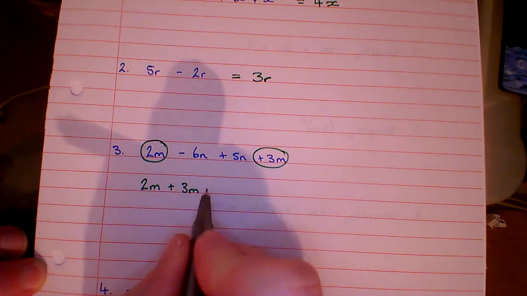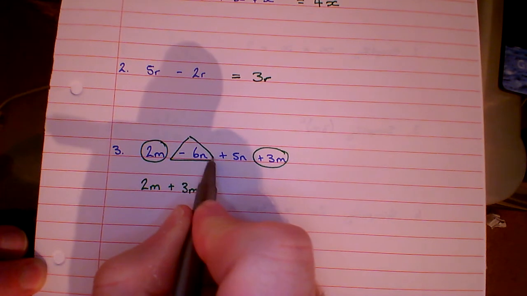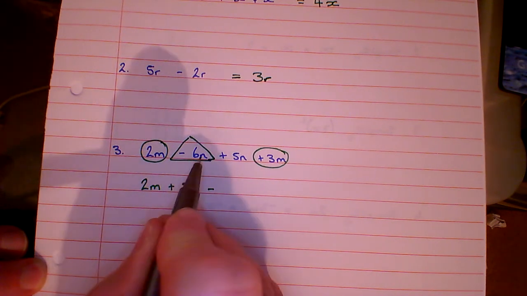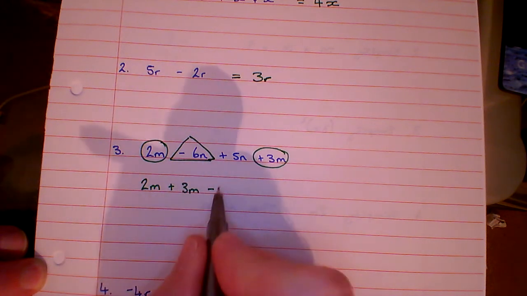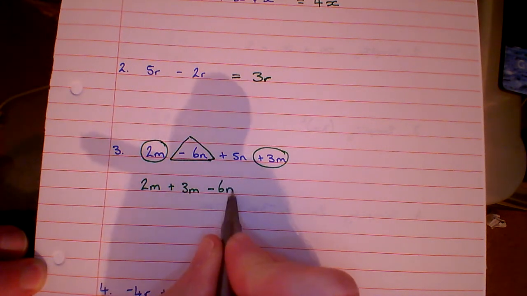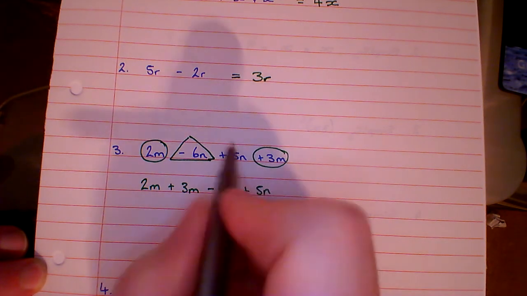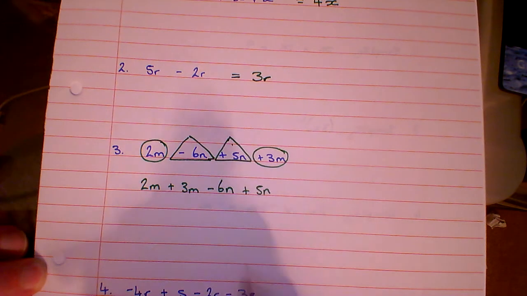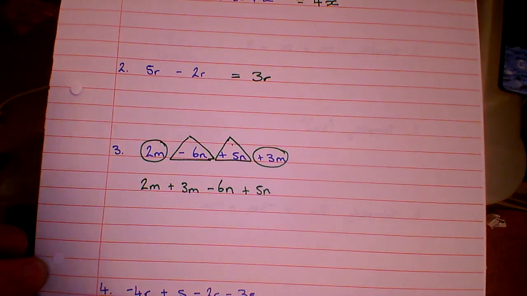Then I'm going to take away, and it's really important that the take away sign is there, because it is part of that 6n. The symbol in front belongs with the term that goes after it. So it's minus 6n, or 6 nuts, plus 5n. There we go. Now I have rearranged them in an order.